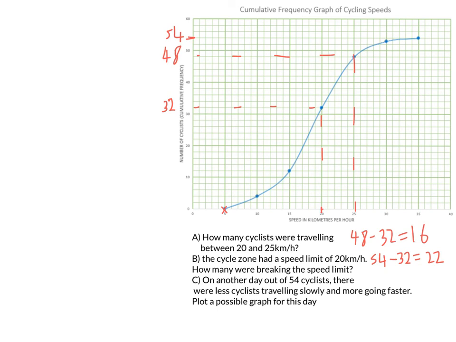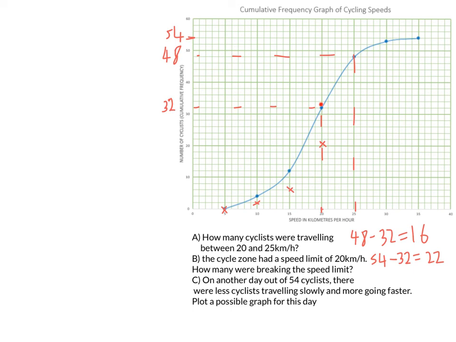But if there's less travelling slowly, then maybe the graph's a bit lower than that one, a bit lower there, and then just a bit lower. But then, if the speed limit was 20, and it says more are going faster. So less cyclists going slowly and more going faster. Then for the faster, it's going to have to be higher up. That doesn't necessarily mean that it has to be straight away above the blue line. It just means that it has to be steeper than the blue line.